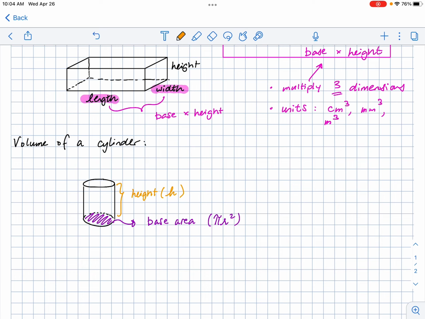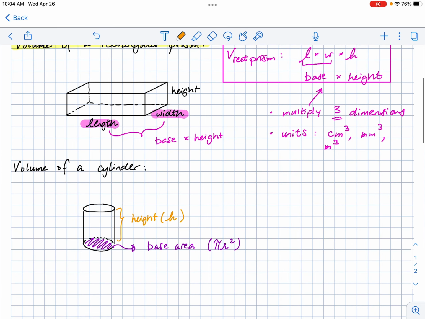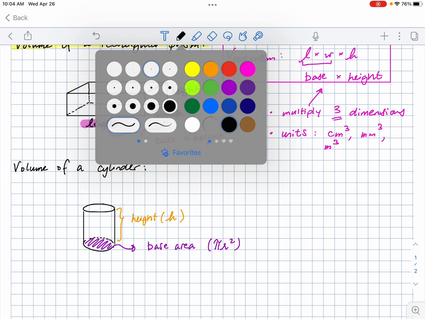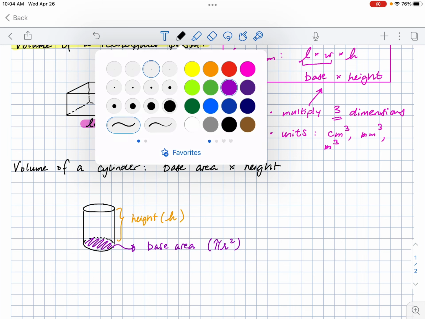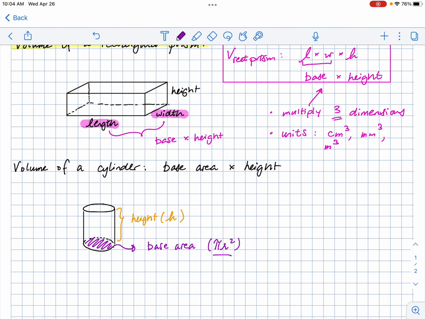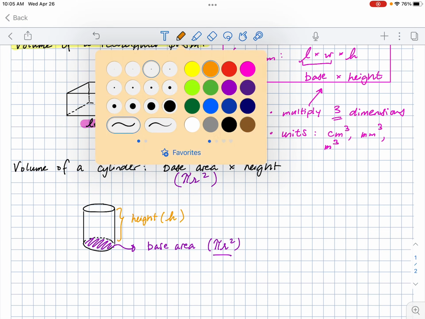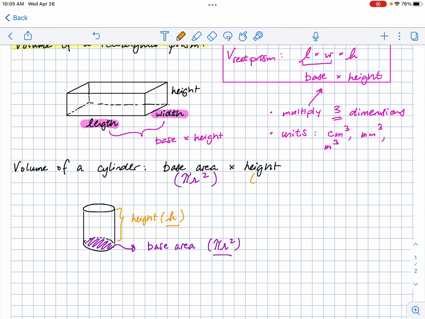So all we're doing, again, is the volume of a cylinder. How we calculate it is we take the base area times the height. We know our base area is pi r squared, so I'm going to write that underneath, pi r squared, and we know our height is going to be h.